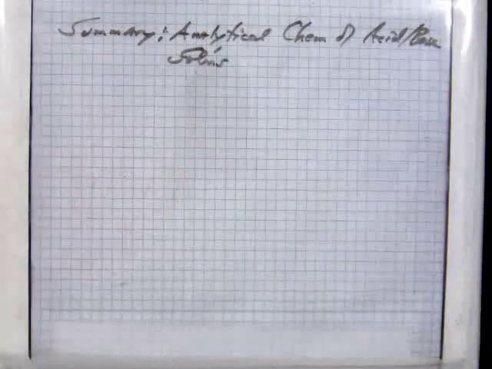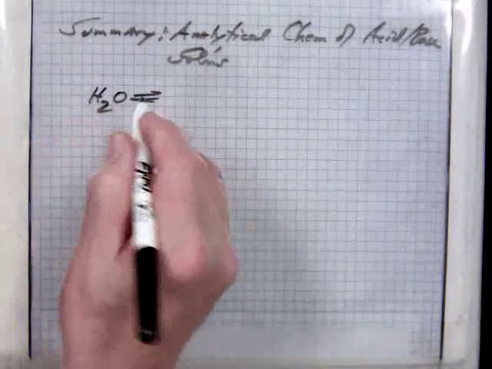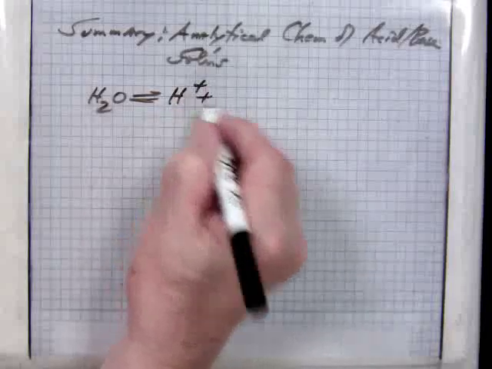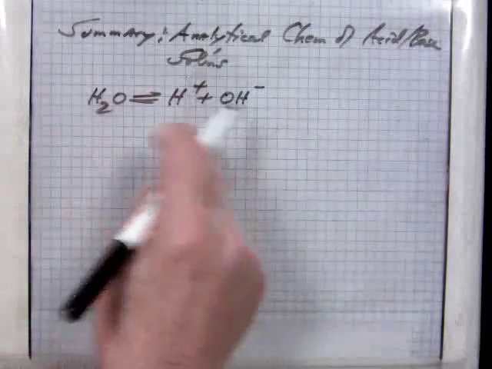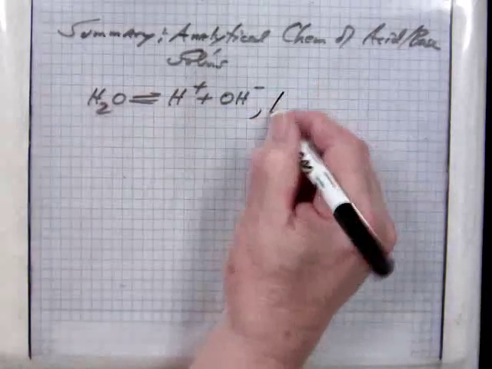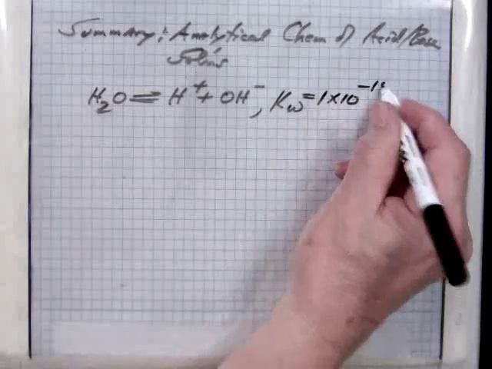Okay, we started off in here and went through the auto-ionization of water, and we find that water will ionize to a fundamental amount in pure water with a Kw equal to 1 times 10 to the minus 14.